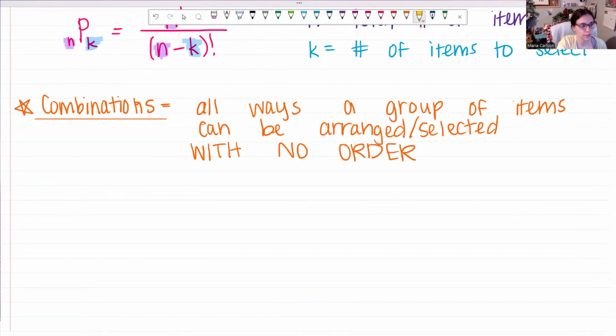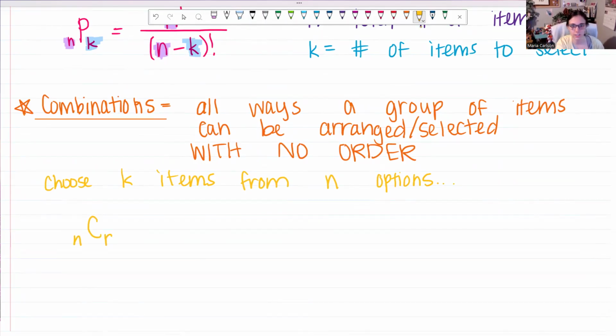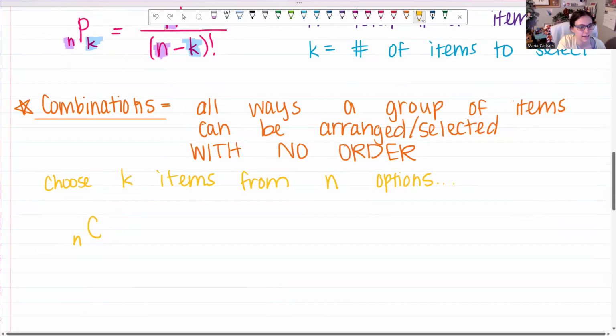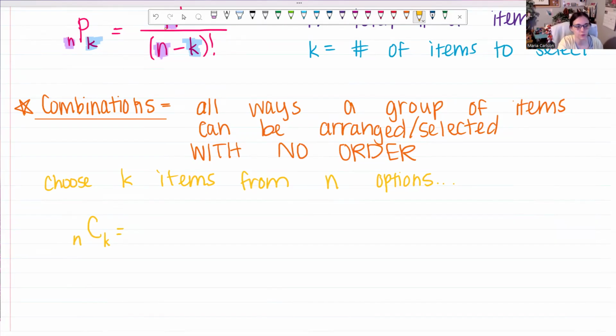Now, if we are going to choose, again, k items from n options, our formula for combinations, n with an uppercase C and then k, choosing k items out of n total options, is n factorial over n minus k factorial times k factorial.